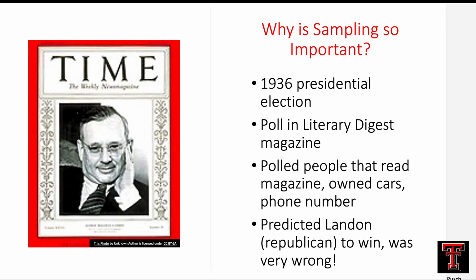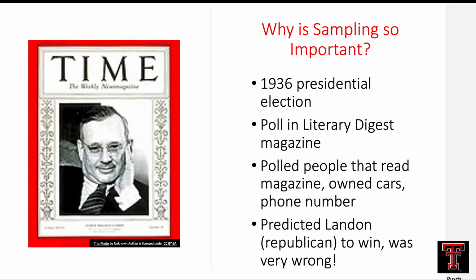So a very, very large sample that was reading the magazine. They polled these people and then wanted to predict who was going to win the presidential election. They predicted the Republican was going to win, but they were very wrong, and actually the Democrat won.